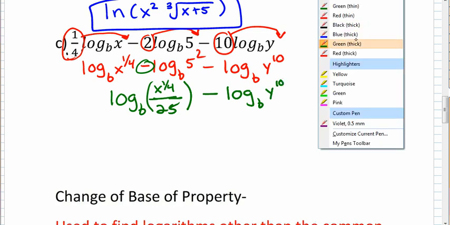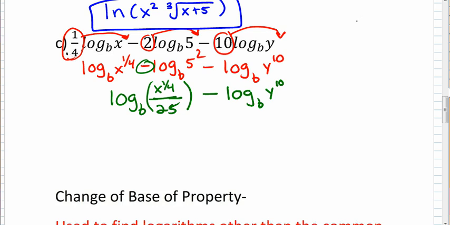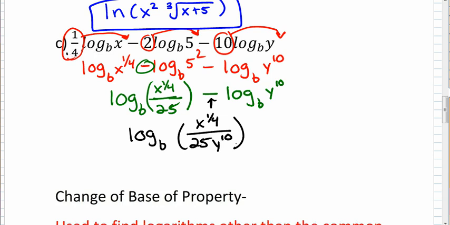Then, because it's subtraction again, we're going to divide. So we have log base b of x to the 1/4 over 25. Now, because there's a subtraction here, that means the y to the 10th is going to the bottom of the fraction. If it was plus, the y to the 10th would go to the top.